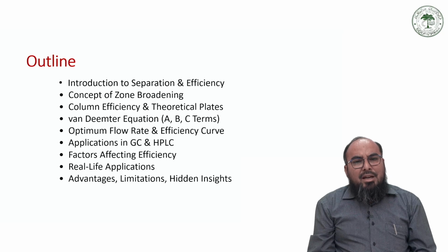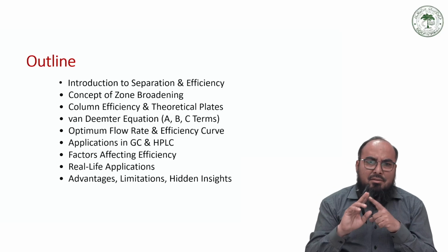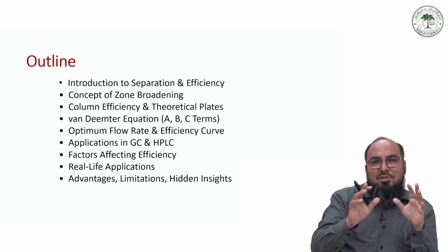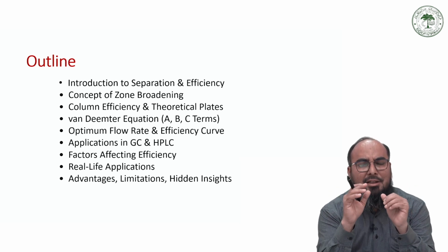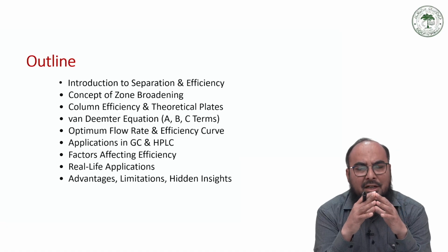Then we are going to quantify that theoretical concept into an equation called the Van Deemter equation, which involves three terms, A, B and C. We will study these three terms in detail, and the impact of A, B and C in the Van Deemter equation.